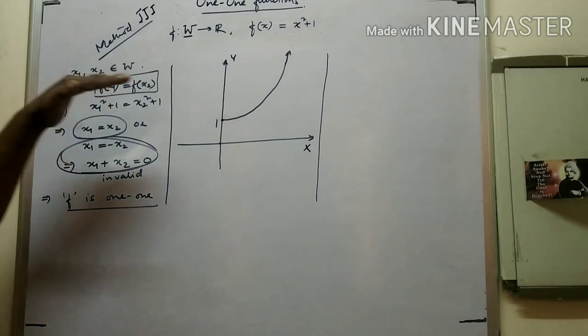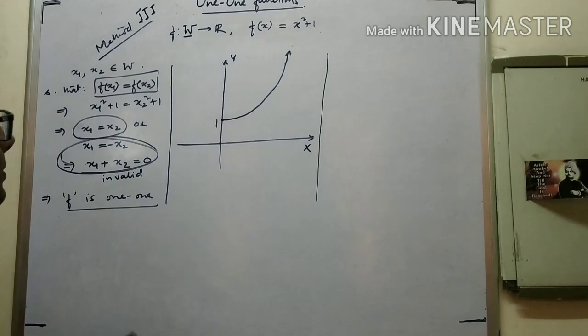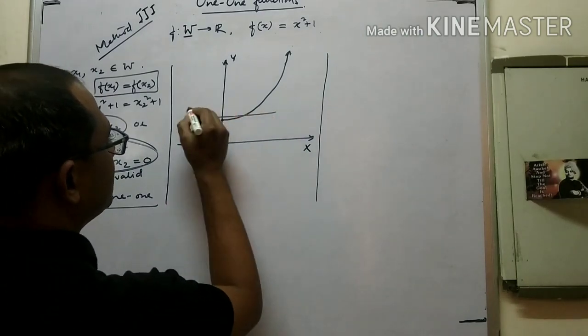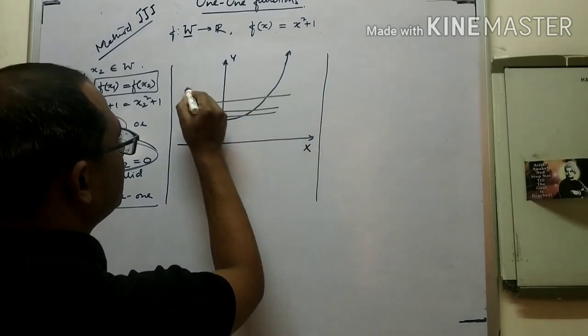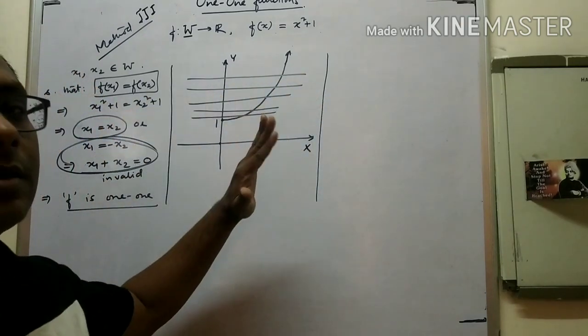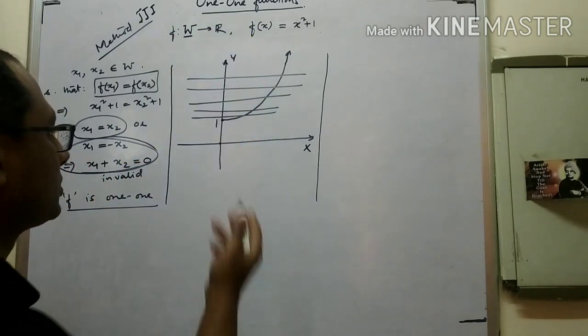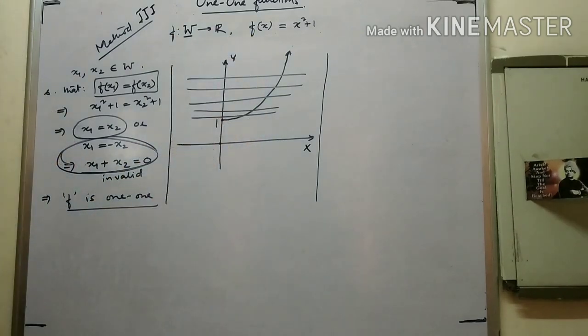So again, if I draw some line parallel to the x-axis, it is not going to cut this graph in more than 1 point. Obvious reason, because this part of the graph is not present now. Okay, so this shows us that this function is 1, 1.